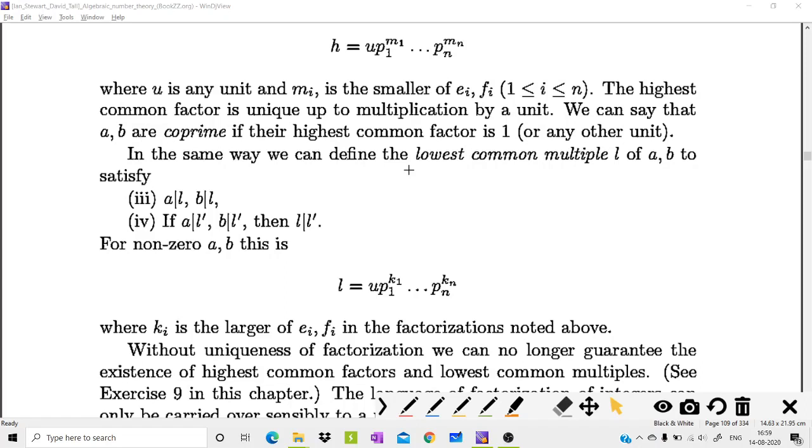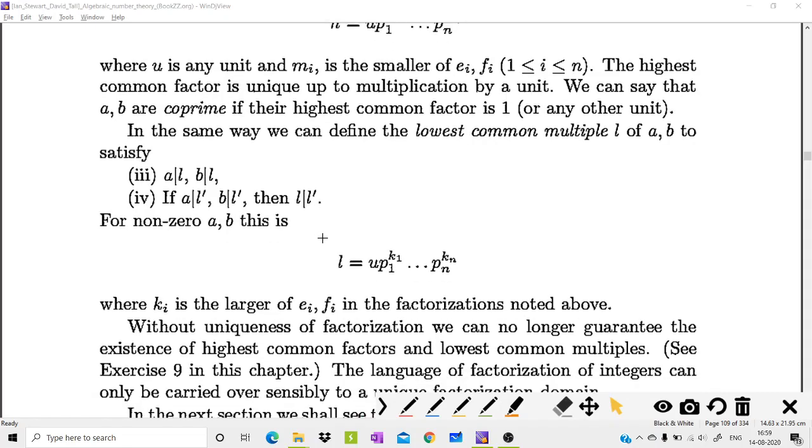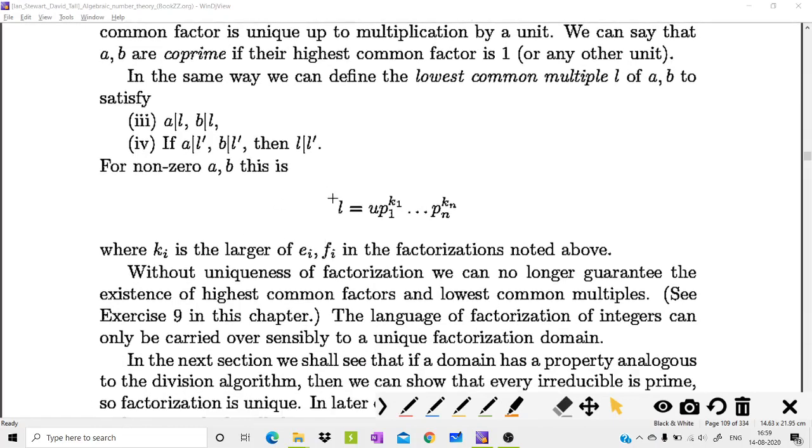Now you can define the lowest common multiple, or least common multiple, both are the same. L of A, B is defined by: A divides L and B divides L. Whenever A divides L prime and B divides L prime, then L divides L prime. This is the definition of the least common multiple of A and B. To calculate the LCM, we collect the powers.